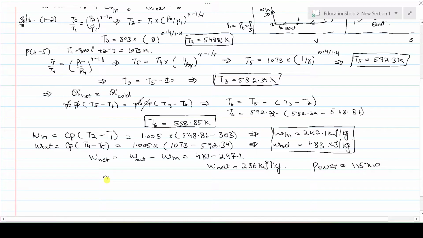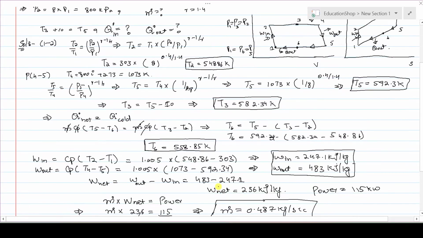We know that the mass flow rate multiplied with the net work output is equal to the power produced in the cycle. We need to calculate the mass flow rate. The net work out is 236 and the power produced is given, that is 115 kilowatt. Divide both sides with 236 and the mass flow rate per second you will get, that is 0.487 kg per second.